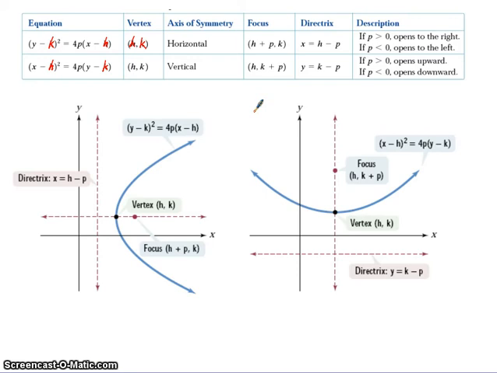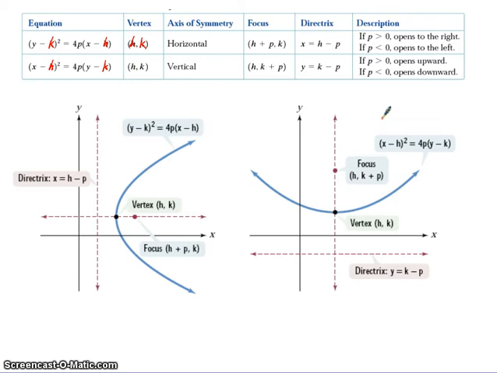I personally find it's best to find the focus and the directrix by graphing the given information and trying to come up with them. Also, the p-value once again tells us whether the parabola is faced up or down or left or right.